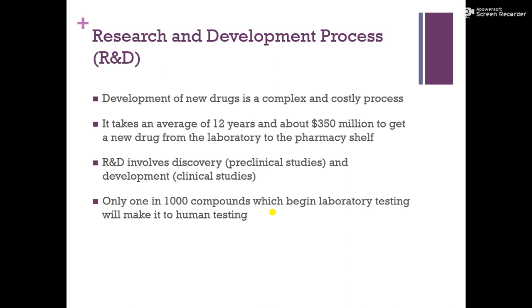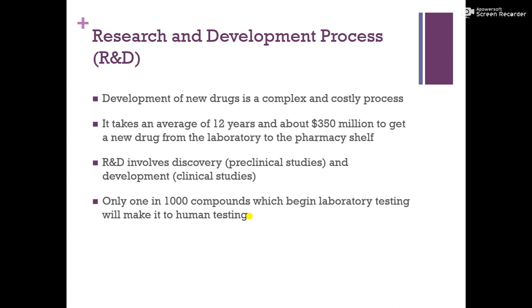Let's make a start. Research and development process. What is R&D? The development of new drugs is a complex and very costly process. It takes an average of 12 years and about $350 million to get a new drug from the laboratory to the pharmacy shelf.